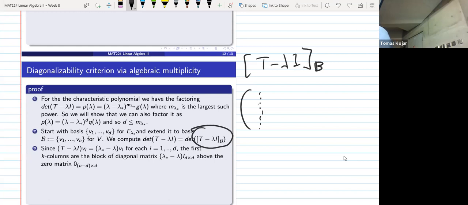The vectors of what? Can you tell me specifically, not the value, just what do I write? T minus lambda, evaluated, what's exactly the situation?